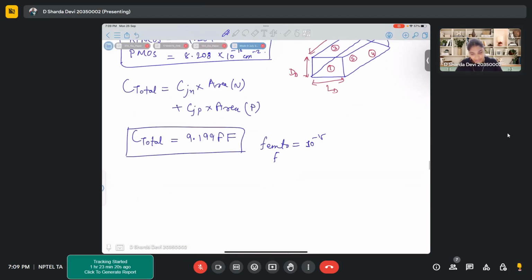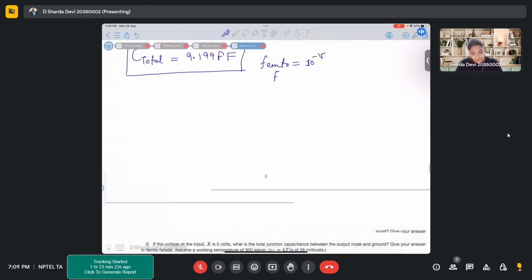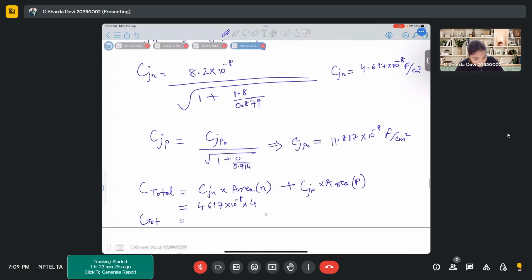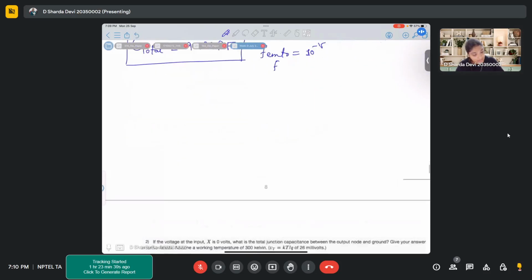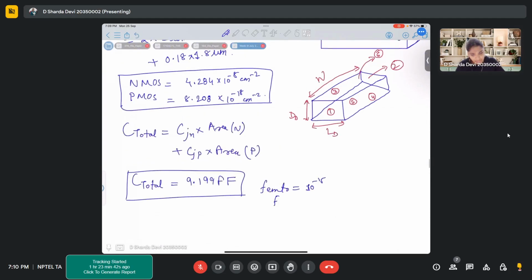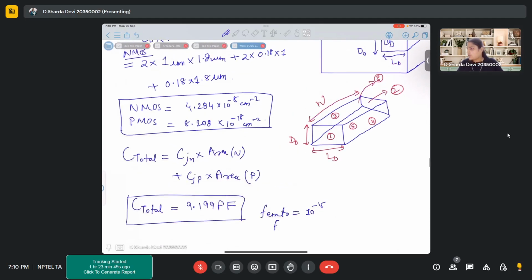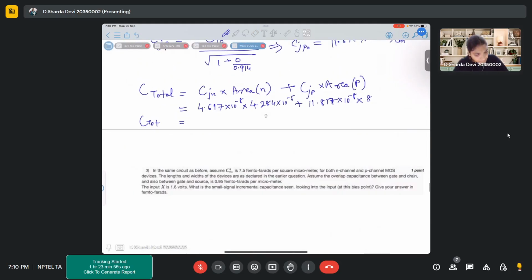So that is 4.284 into 10 to the power minus 5, plus 11.817 into 10 to the power minus 8 into the area, 8.208 into 10 to the power minus 8.